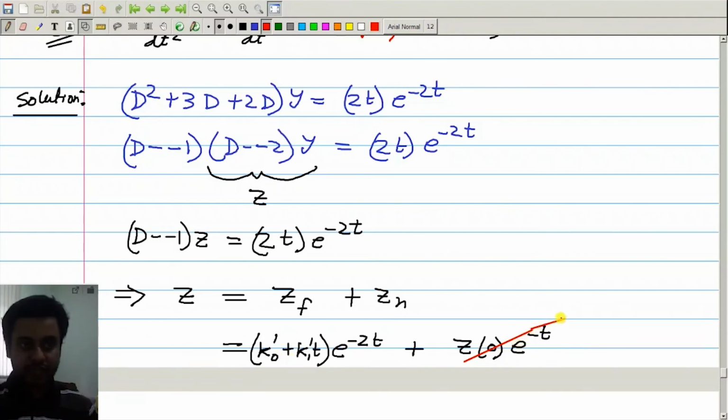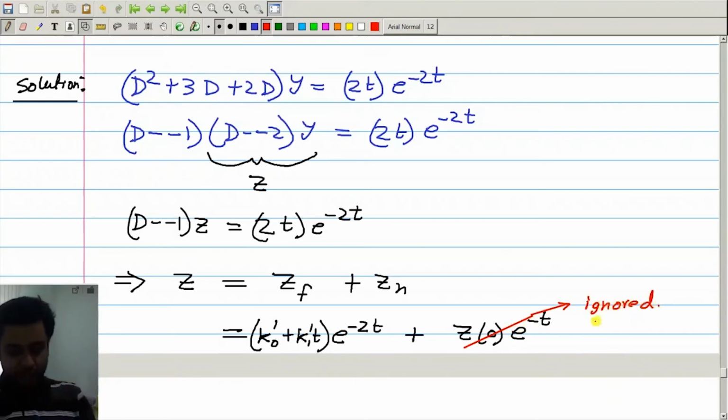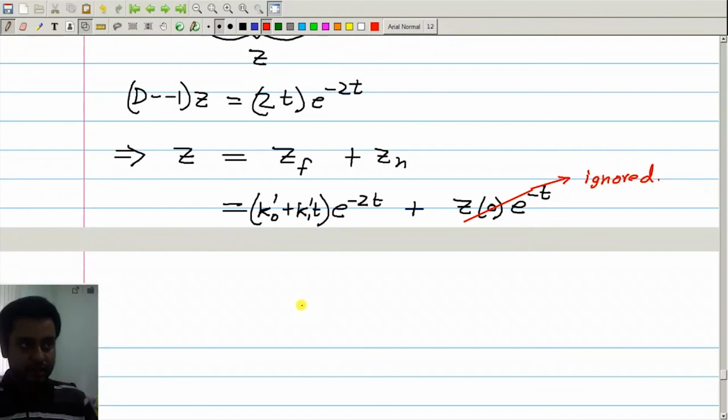So this term is ignored. We just need one solution to start with.